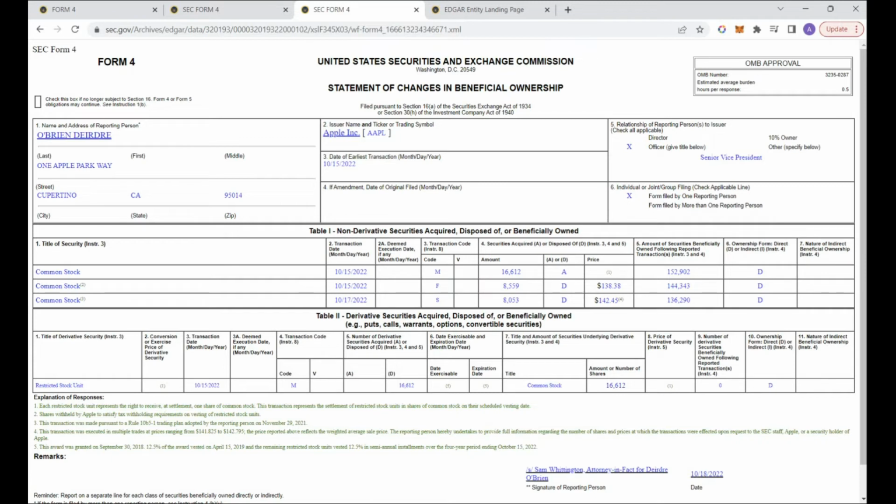So on that same day, they withheld 8,559 shares from her. You can see that through the transaction code F here. And then 2 days later, she sold 8,053 shares from exercising those options.